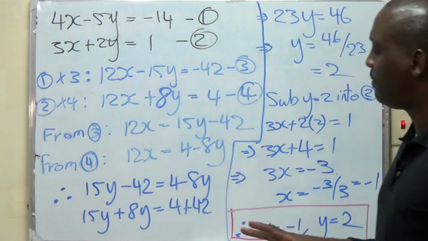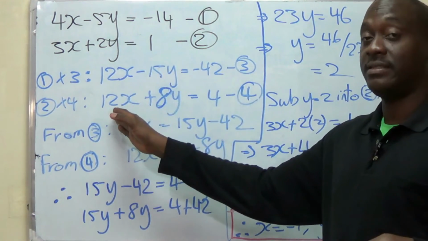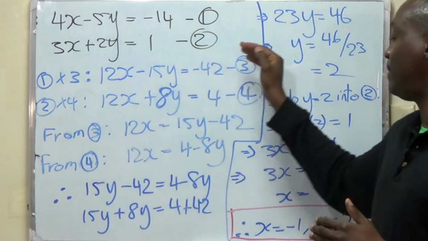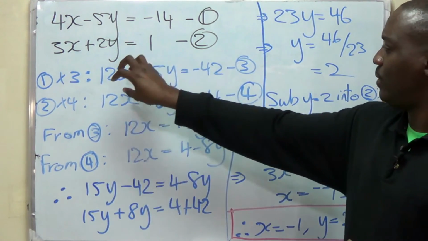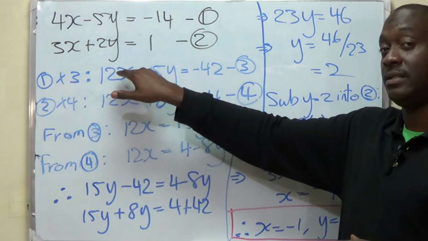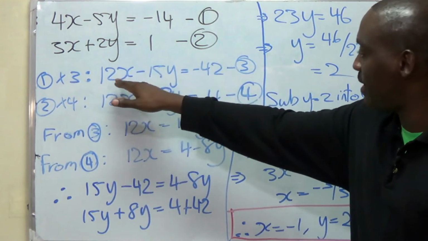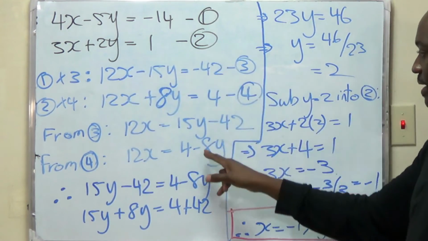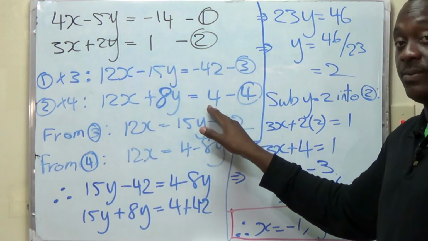So we have a slightly different method here, where instead of trying to eliminate 12x by addition or subtraction of equations 3 and 4, we say that we're pivoting on the 12x, right? We're not trying to find x, we're trying to pivot on 12x. So we say that 12x is equal to 15y minus 42, and 12x is equal to 4 minus 8y.